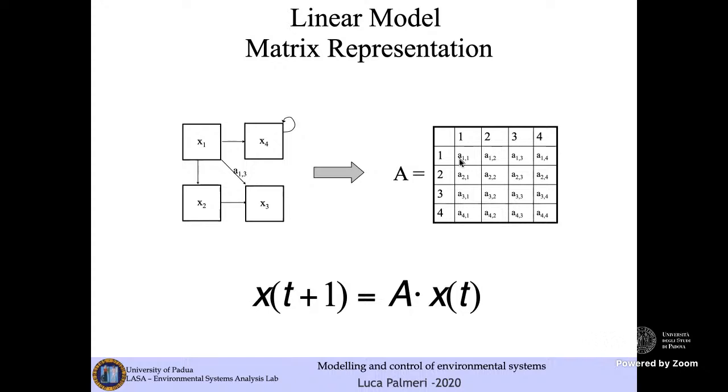For example, A11 represents the flow or the strength of interaction, internal recycling. In this case, A11 is represented by this arrow. Currency that gets out from 4 and enters back into 4. While, for example, A12 describes what is getting out from 1 and entering into compartment 2.